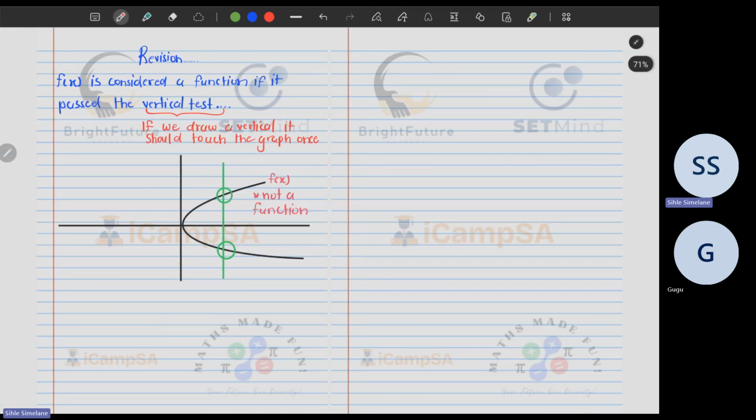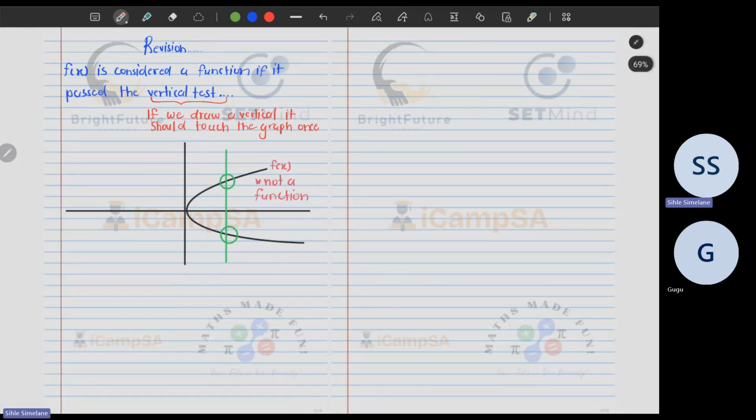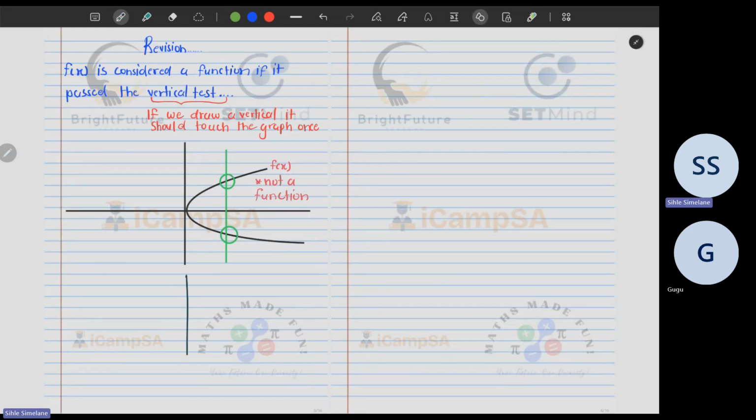Okay. However, if we can restrict it, we can make it such that it becomes a function. What do I mean? We quickly have a sketch below, another one. And we restrict such that we only have the upper part like this.